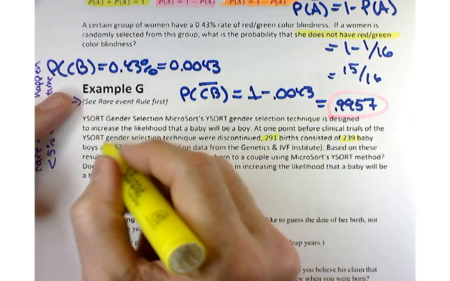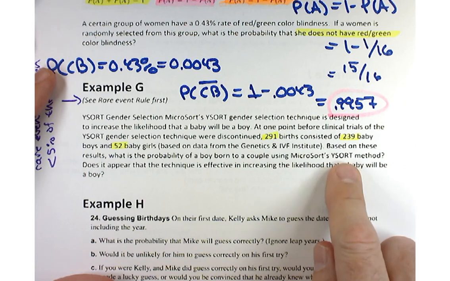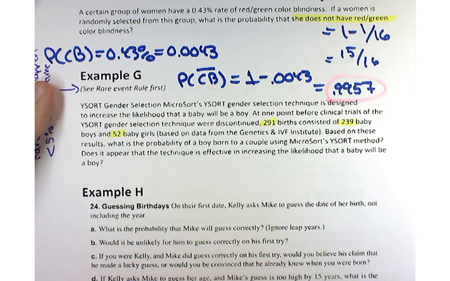Based on these results, what's the probability of a boy born to a couple using Microsort's Y-sort method? Does it appear that the technique is effective in increasing the likelihood that a baby will be a boy?